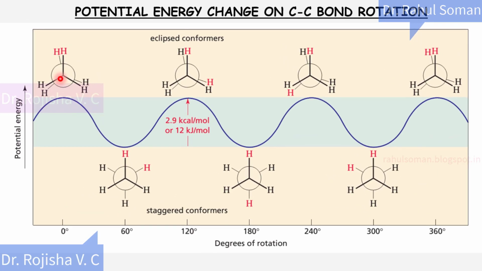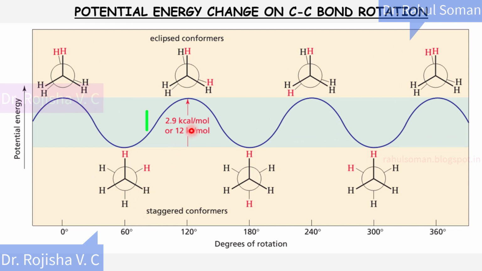If we give about 2.9 kilocalories, the staggered conformation can change to the eclipsed conformation, and going from eclipsed to staggered, it will release that energy.